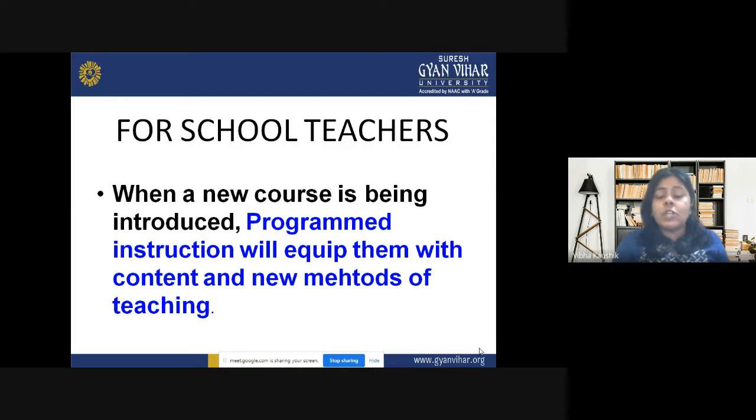It will help the teachers to equip themselves with the particular content and new and different methods of teaching that they can use to teach the students.